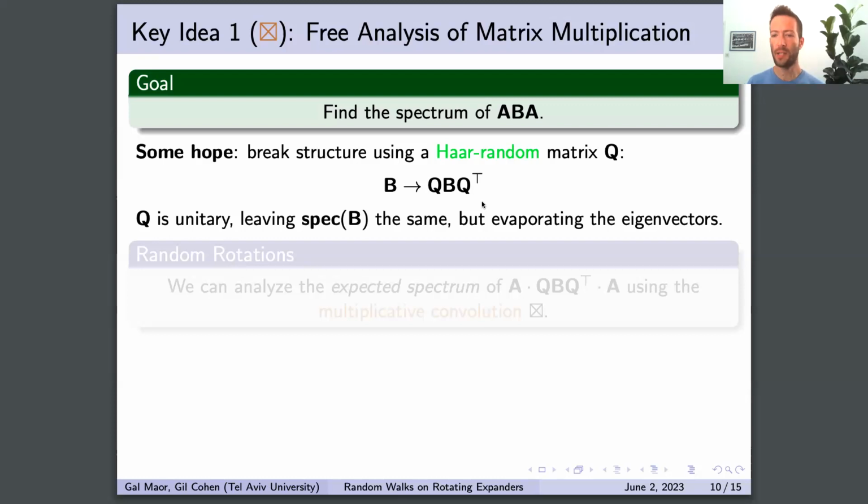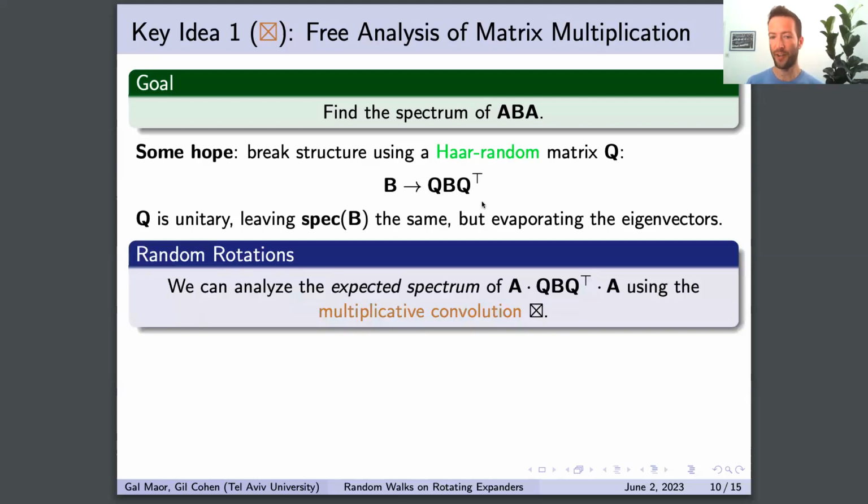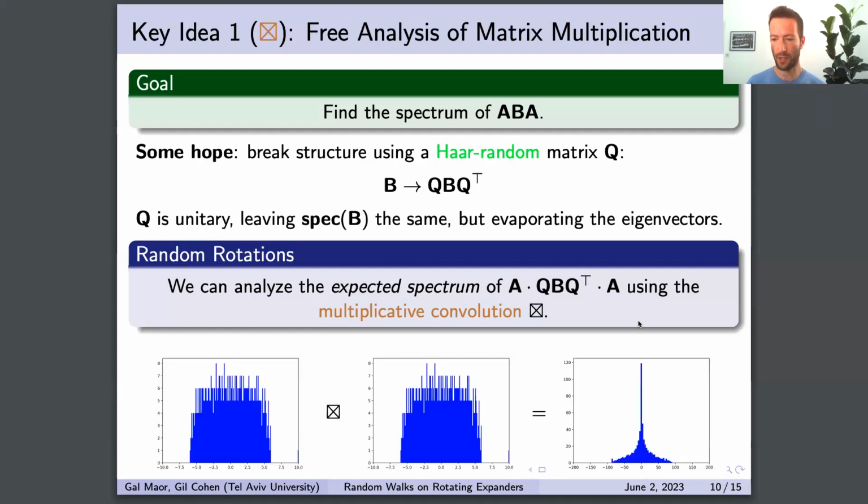And now it turns out that our hope was justified, because after this conjugation, we are able to analyze the expected spectrum of the product of matrices using something called the free multiplicative convolution, denoted by this sign. Now, the multiplicative convolution is an operation on distributions.